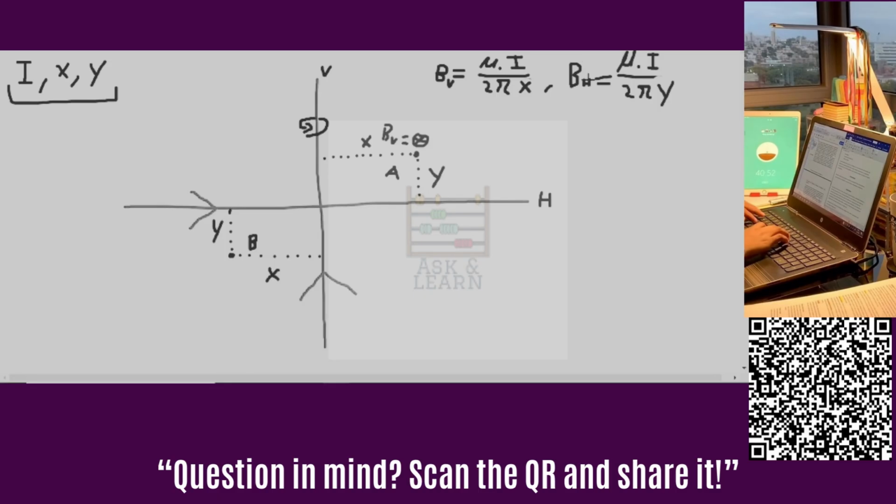And now let's take a look at BH. For BH, pointing our thumb in the right direction, our fingers are going to curl up around this way, and then back down. That means at this point, it's going to be pointing straight up. So BH is pointing up out of the page.